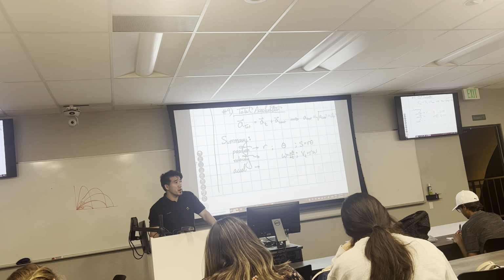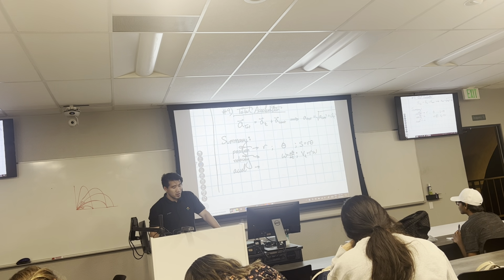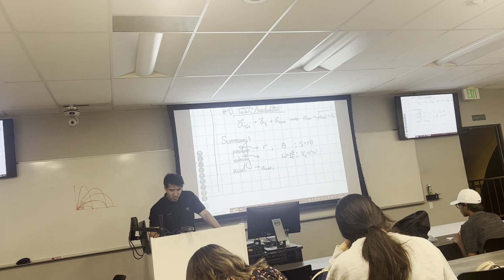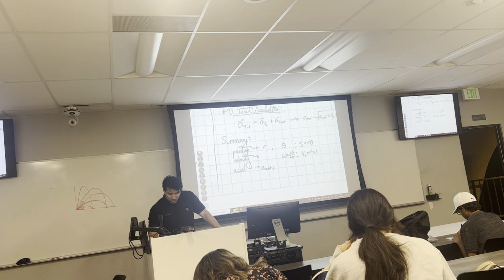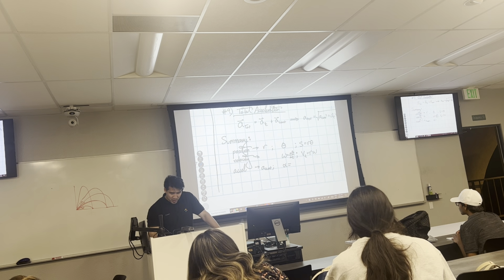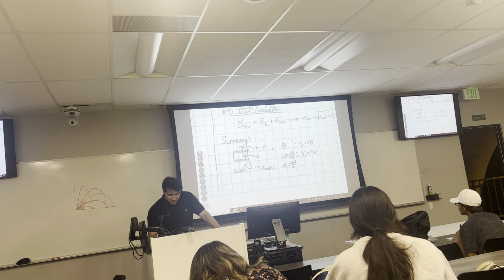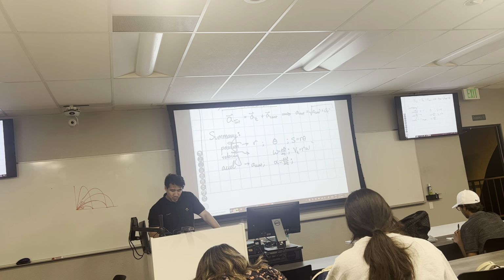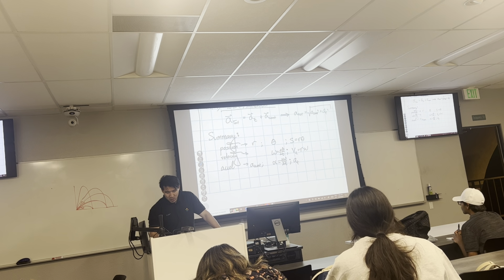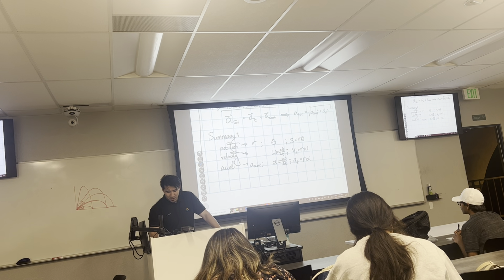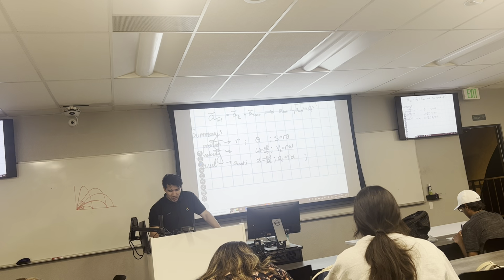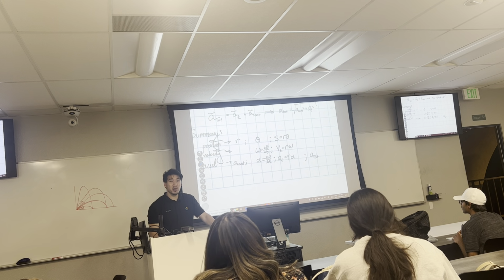Last week, for acceleration, we had a centripetal. We also had alpha, which was delta omega over delta t. And the tangential acceleration was r alpha. And of course, we had the total acceleration as well.